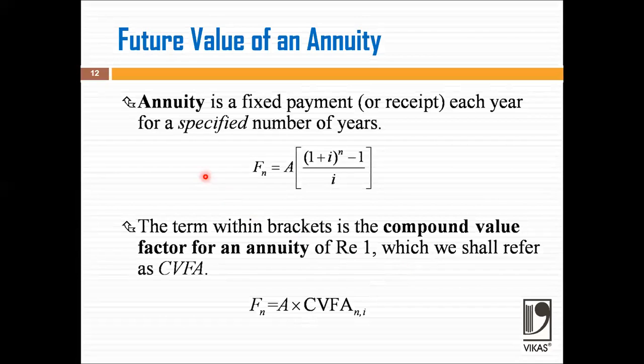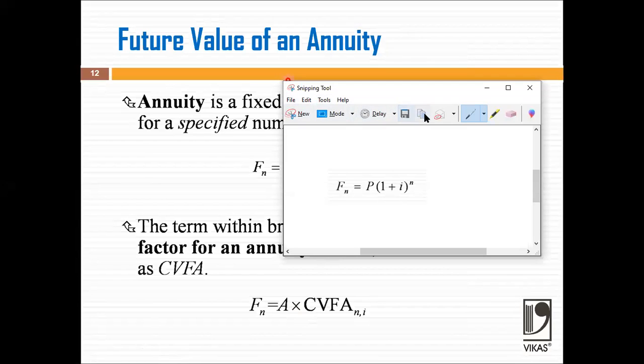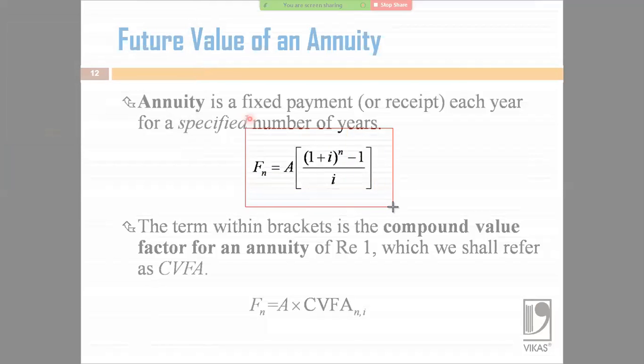The word annuity comes from annual. Annuity is a fixed payment or receipt each year for a specific number of years. Future value after n periods of time for an annuity: A is the principal amount, times (1 plus i)^n minus 1 divided by i, right?